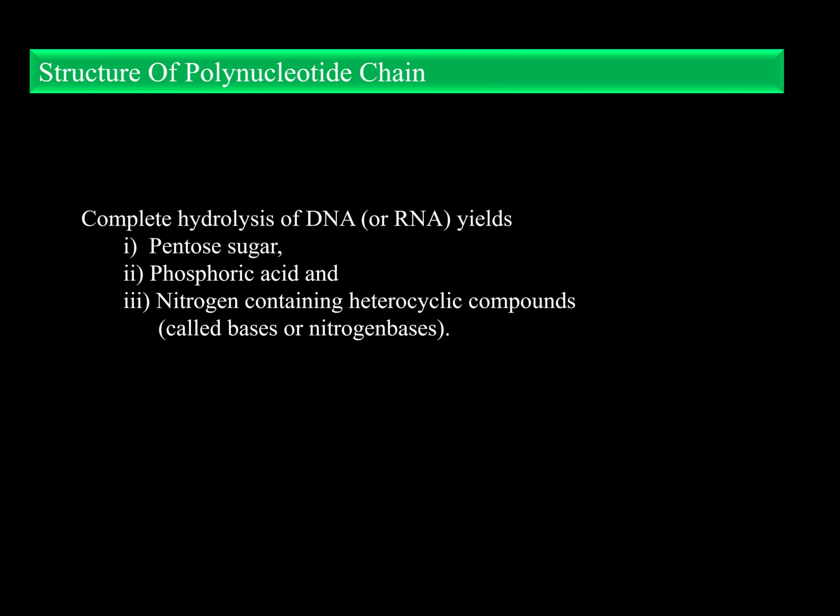In the actual DNA or RNA chain, nucleotides join together one after another to form a long chain. The sugar and phosphate form the backbone of the chain, and the nitrogen bases are attached to the sugar and project outward.